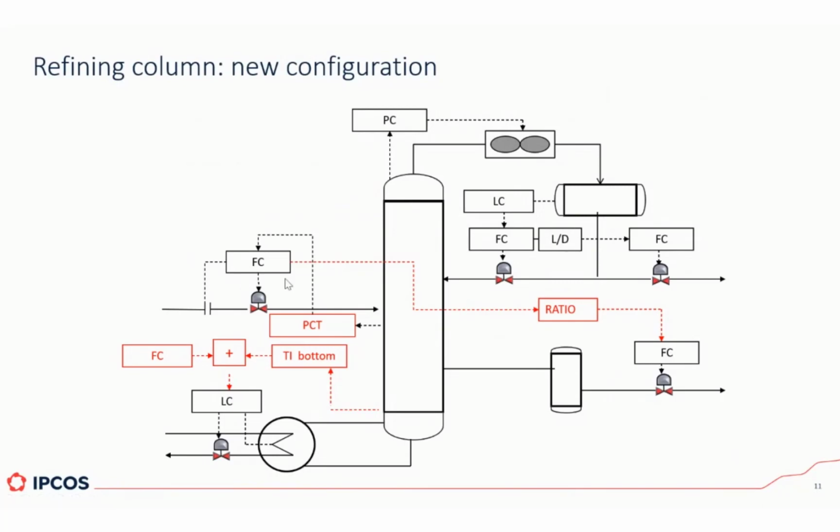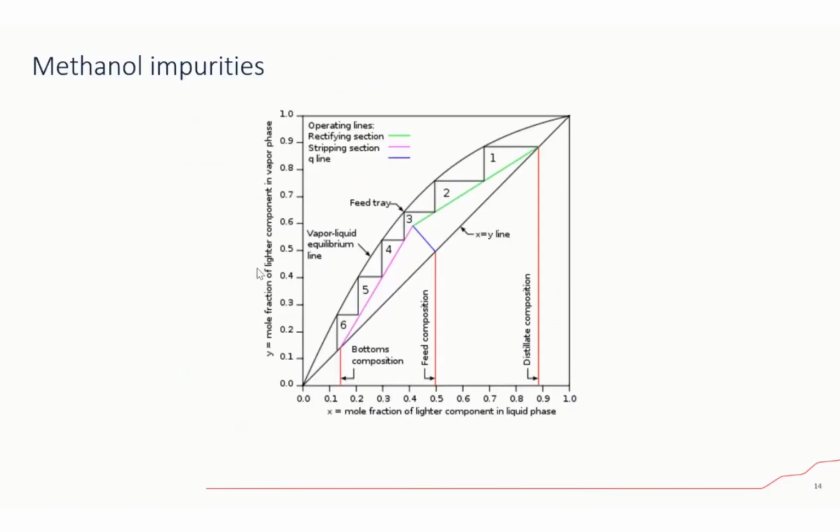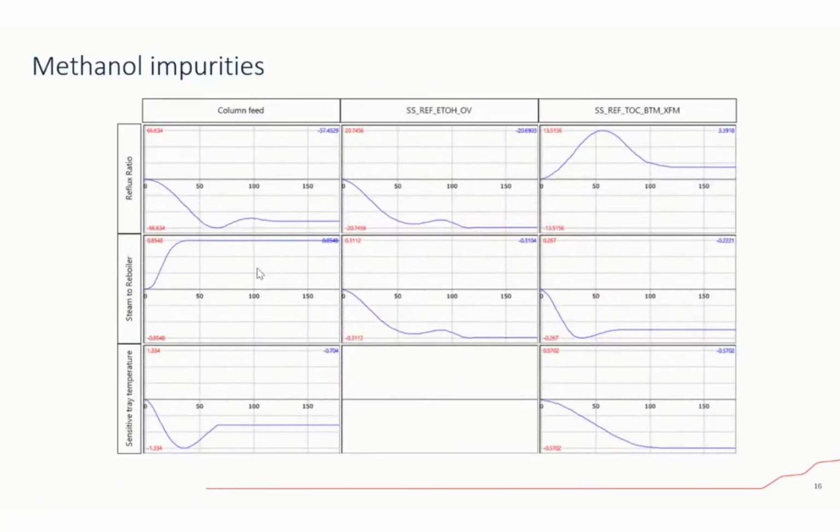So what happens is, since the feed to the column is attached to the temperature, any changes you make either on the steam to the reboiler or on the reflux ratio, both of them will have an effect on that temperature, and both of them will make the feed to the column change. So then you start seeing interactions. And those interactions were the ones that we had to consider in the multivariable approach. So this is one of the main reasons why an APC was justified there.